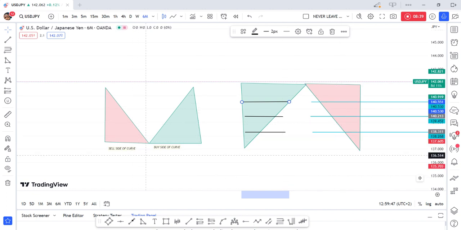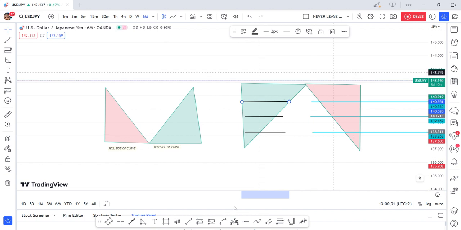So let's go to the definitions of bullish reclaimed order blocks. Let me research the definition so that I can give it to you.